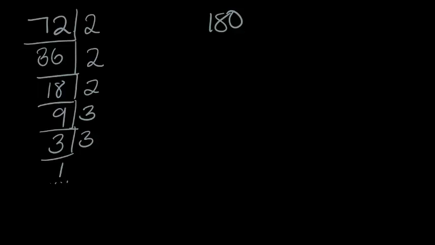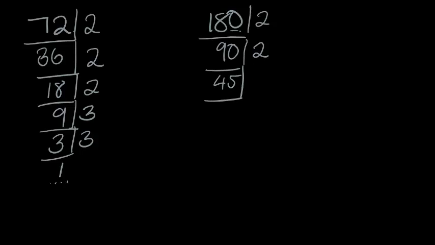Let's do 180. Because it ends in a 0, it is even. So I can say 180 divided by 2 gives me 90. 90 divided by 2 gives me 45. Now here we've got another instance. Because 45 is not even, I can't half it. 3 could go in there because 4 plus 5 is 9. So I could do 3.